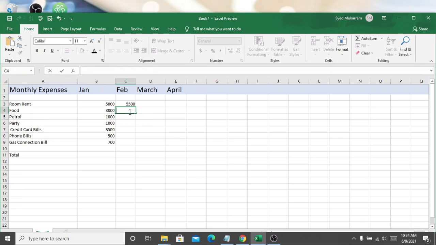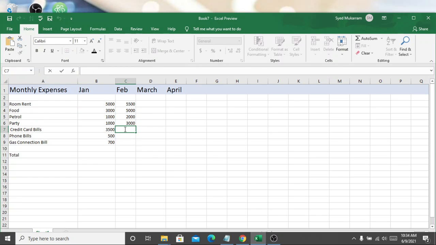We invited some friends to the room and so on. So you could see 4,000 or 5,000 here. And overall petrol expenses, having traveled more, so I need to put 2,000. And then the party has been bigger here, so we need to put 3,000 more.